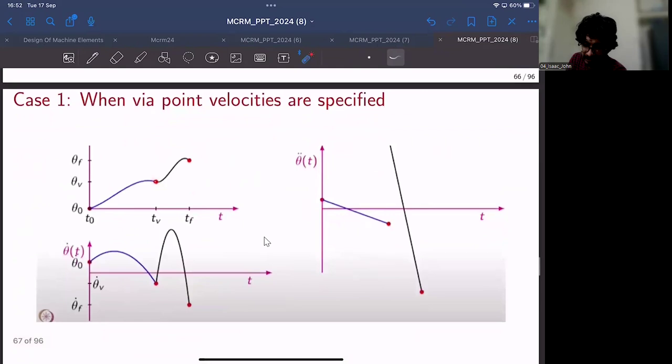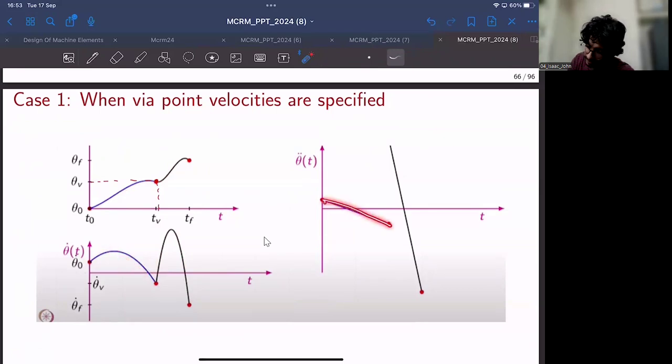When the via point velocities are specified, you can consider this to be the via point, and this to be the via point. This is the first segment, this is the second segment, and these are the individual velocities of the two segments. This is a third order curve, this will be a second order curve, and this is also a second order curve. If you again take the derivative of these segments, you get accelerations.